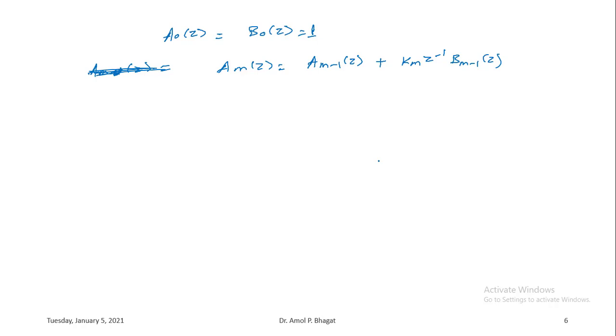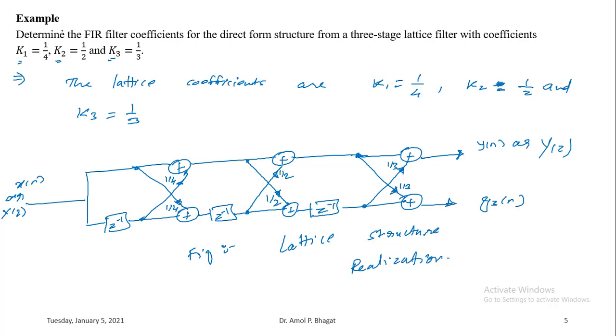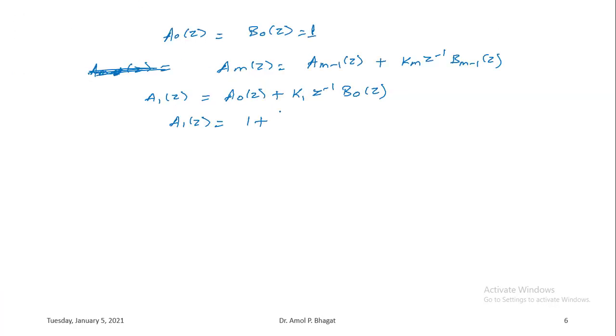So initially you will start with m equal to 1, so you have the equation a1 of z is equal to a0 of z, the value k1 will be there, right? Then z inverse and b0 of z will be there. So a1 of z is equal to, what is the value of a0 of z? 1, right? Value of k1 given in the example is 1 by 4, z inverse, and b0 of z is again 1.